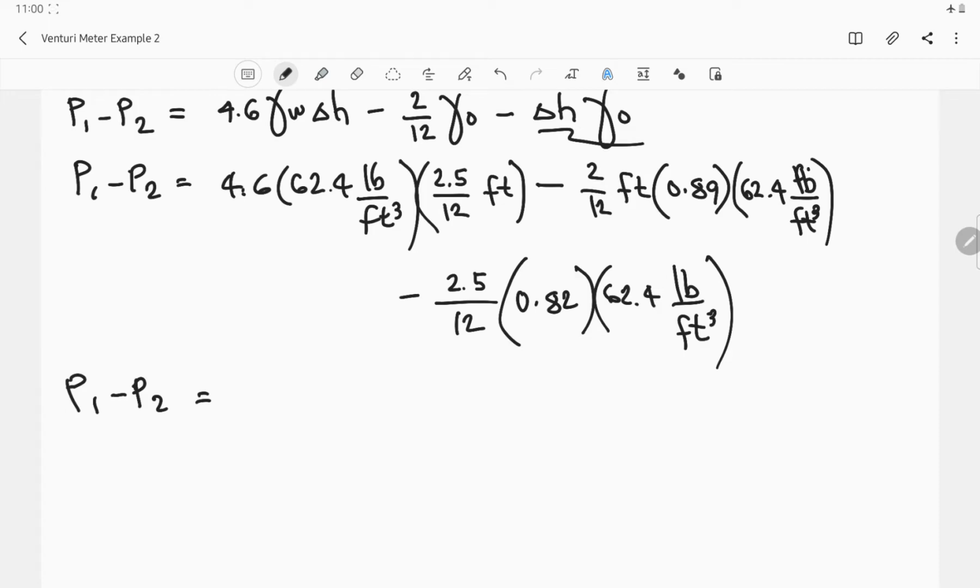Be careful with simplifying this in your calculator, because this is where mistakes usually happen. So we'll do it piece by piece. 4.6 times 62.4 times 2.5 divided by 12. That's 59.8 pounds per square foot. We do it piece by piece so we can trace it if ever there's a mistake. Minus 2 over 12 times 0.89 times 62.4.